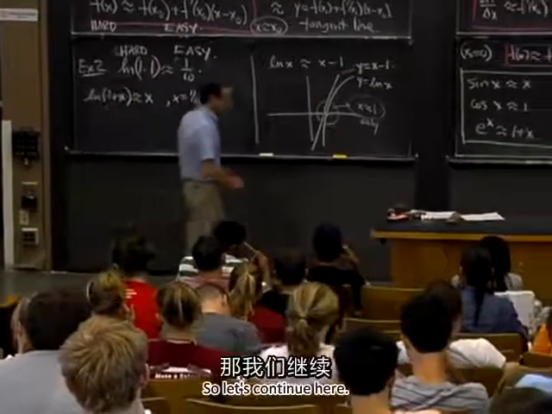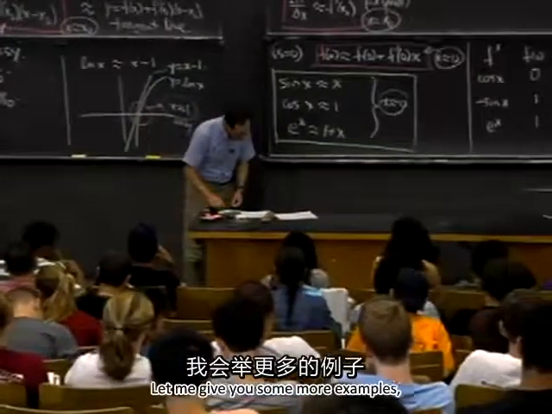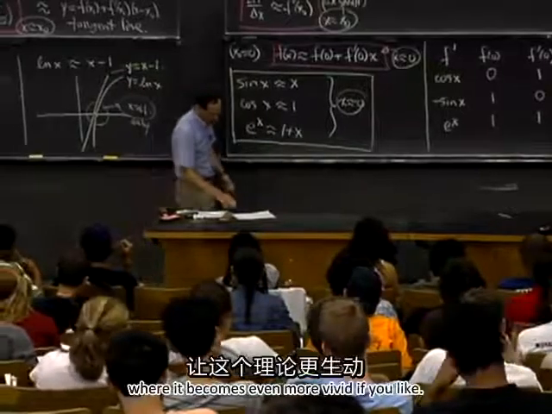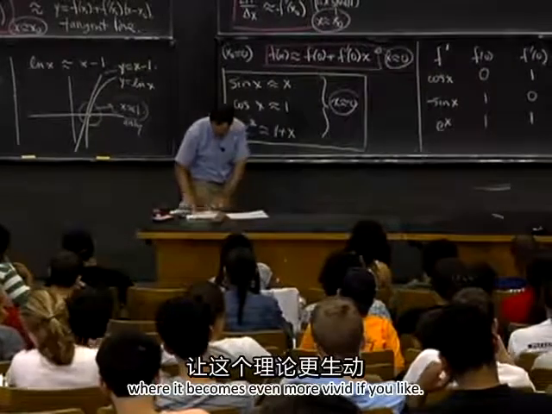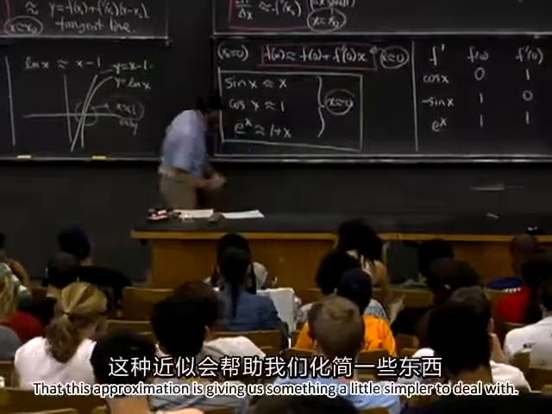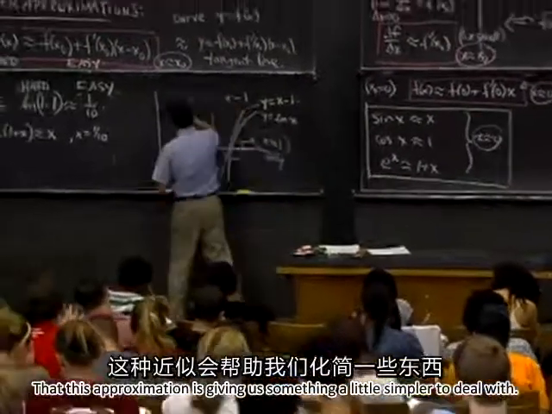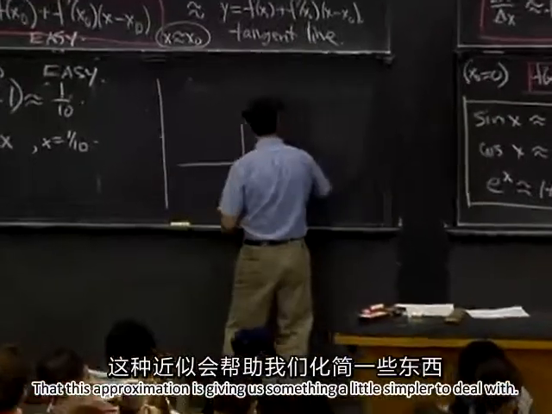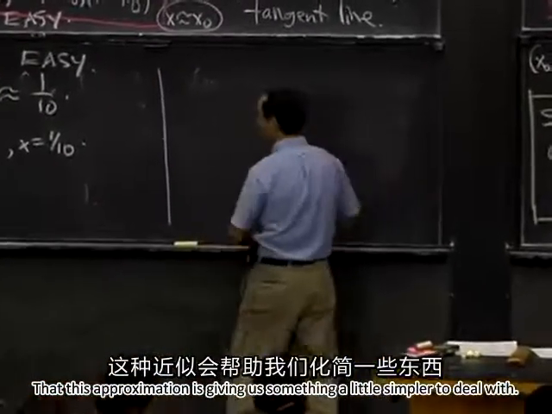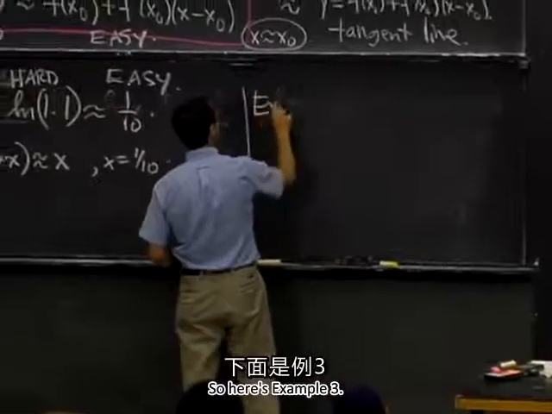Okay, so let's continue here. Let me give you some more examples where it becomes even more vivid that this approximation is giving us something a little simpler to deal with. So here's example 3.